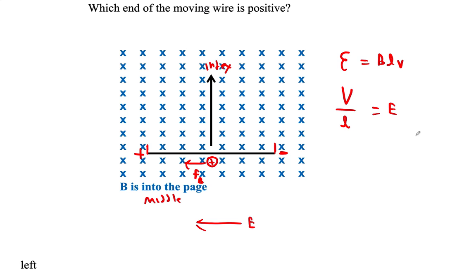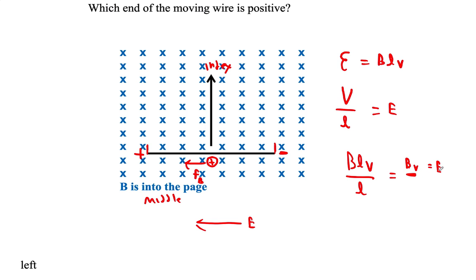Isn't that neat? Okay, so if I divide BLV by the length of the wire, I get that the electric field inside that wire, and we see this happens in other types of problems too, right? We get that there's an electric field that is equal to this.